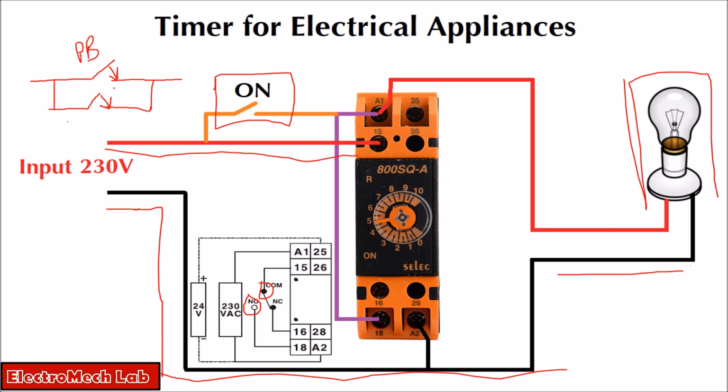If I release this push button, this timer is still powered on because this contact is still closed, and this contact will remain closed until the end of the timer value.